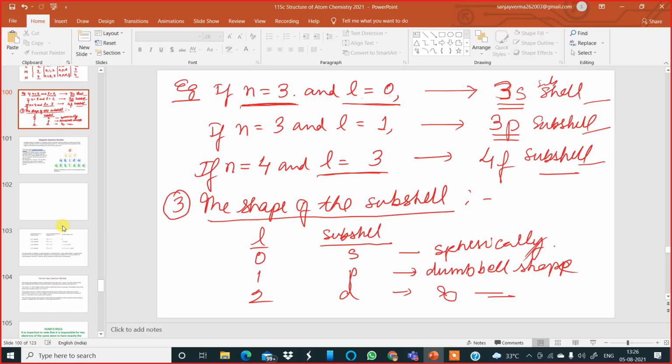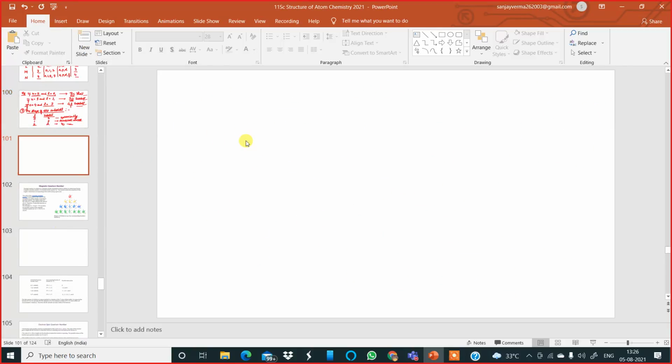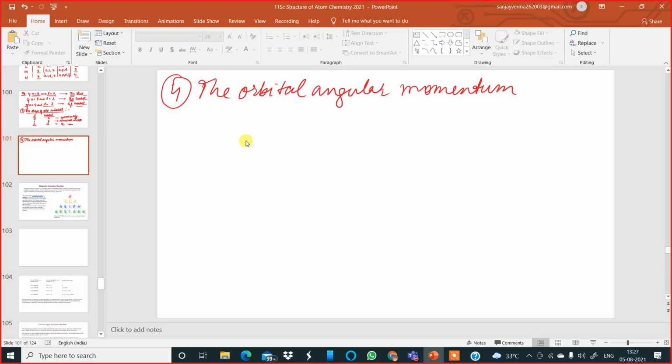Now, after this, the fourth information provided by the azimuthal quantum number is the orbital angular momentum of the electron.